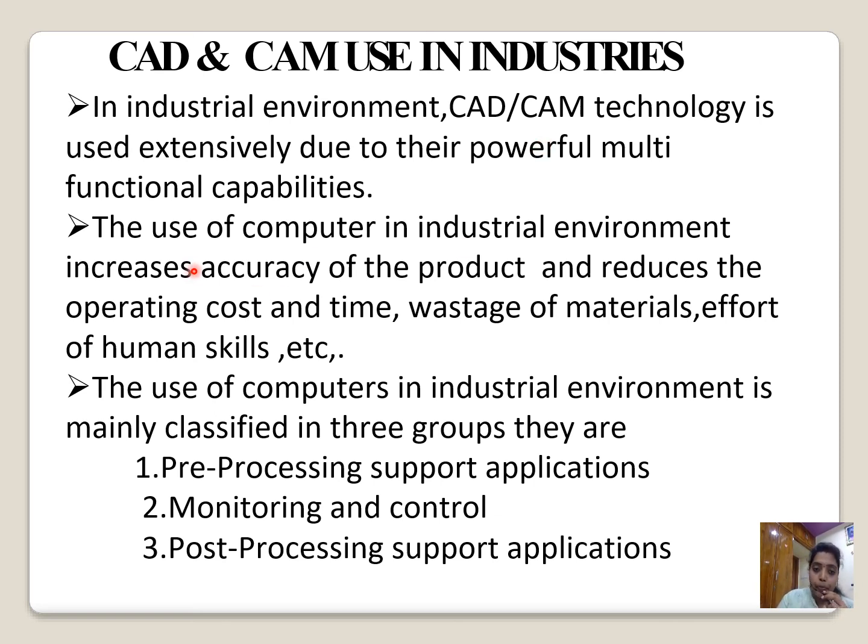Okay, the use of computer in industrial environment increases accuracy of the product and reduces the operating cost and time, wastage of materials, effort of human skills, etc. Human skills means here we are reducing the manpower.